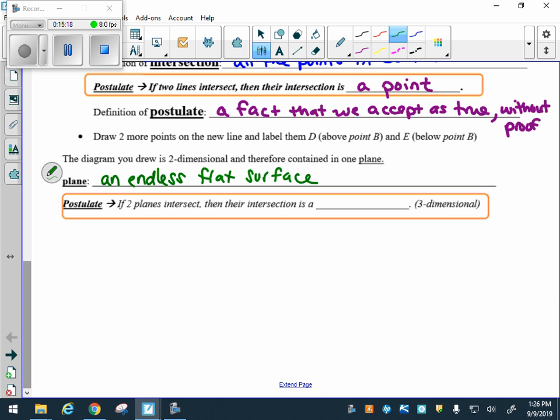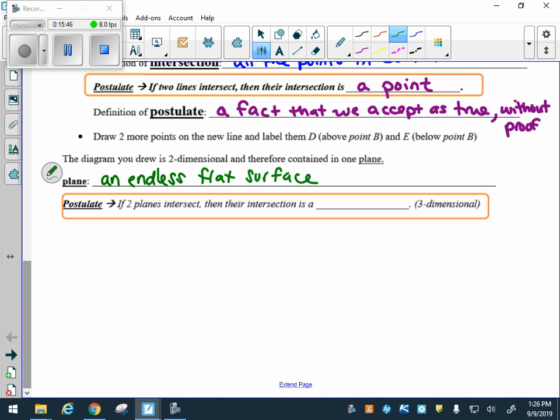In football, there's the goal line and this imaginary plane that comes up from that goal line and extends forever. If there's a pile of football players and one guy has the ball and jumps on top of that pile, they need to look from the side and see, did that ball actually cross that imaginary plane that extends up from the goal line? If it did, it's a touchdown. If it didn't, it's not.